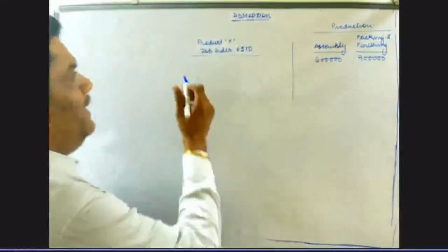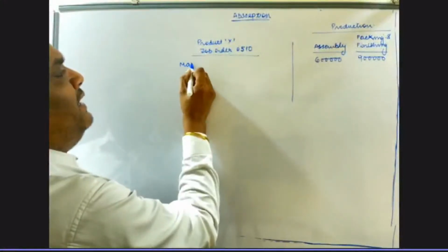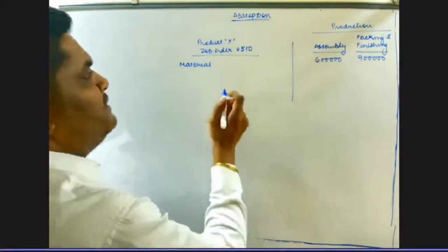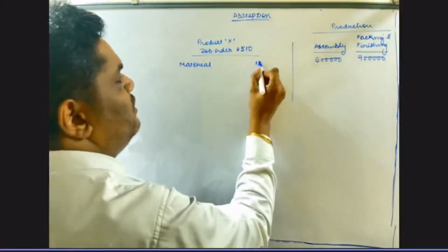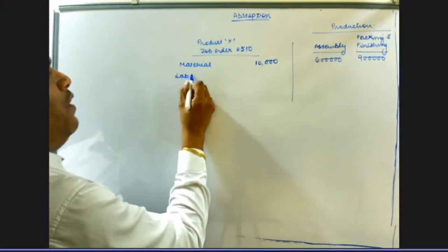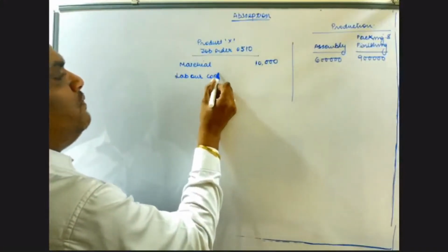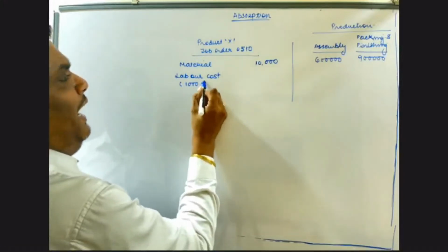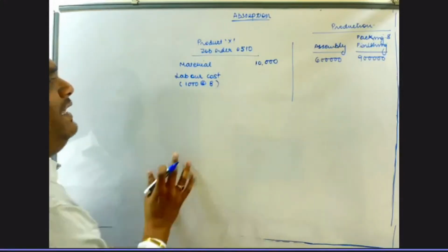Now, the material cost that is incurred to process this job order is, let's say, 10,000. When talking about the labor cost, let's say 1,000 hours were used and we are paying the workers at the rate 8 per hour.